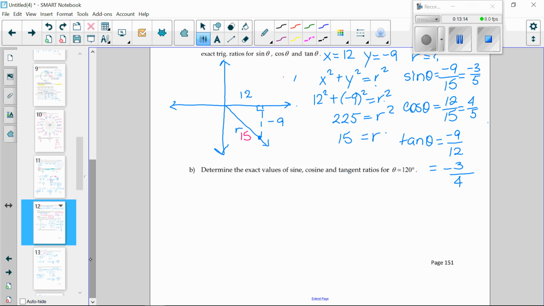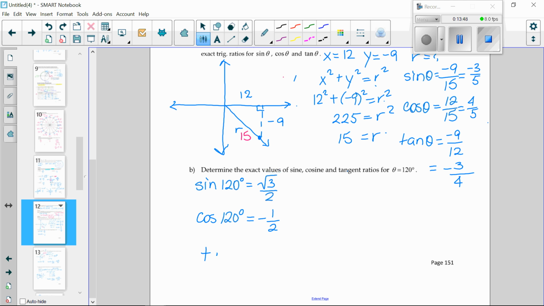Determine the exact values of sine, cosine, and tangent ratios for theta equals 120. So if theta is equal to 120, that falls on our unit circle. So for sine 120, that gives me √3 over 2. For cos 120, that gives me -1 over 2.